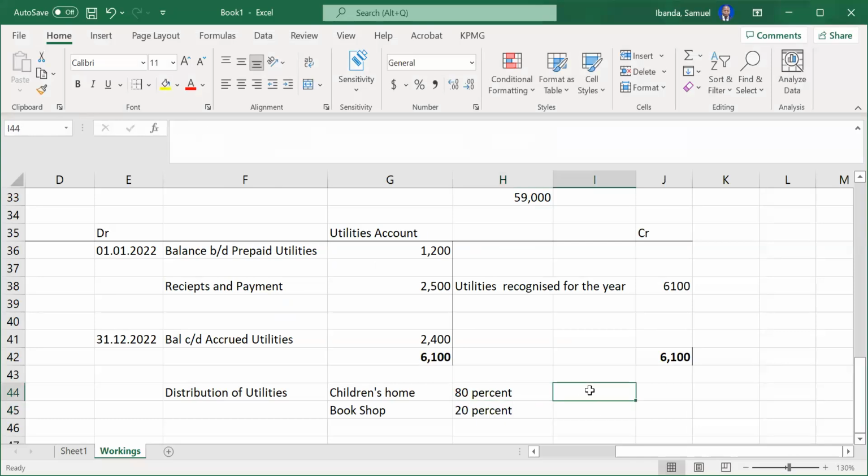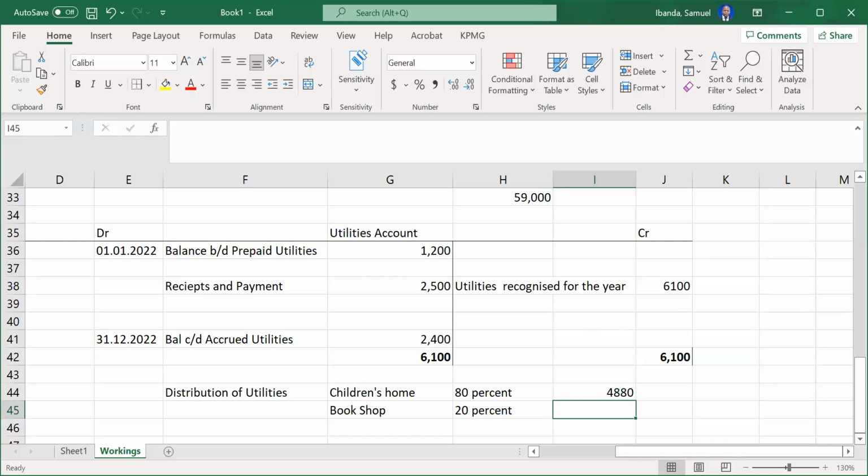Okay. So I'm going to multiply 80% times 6,100. So 0.8 times 6,100 gives me 4,880.